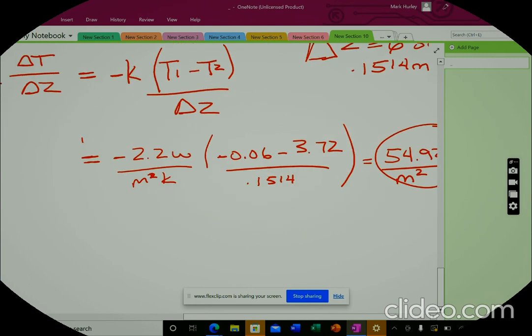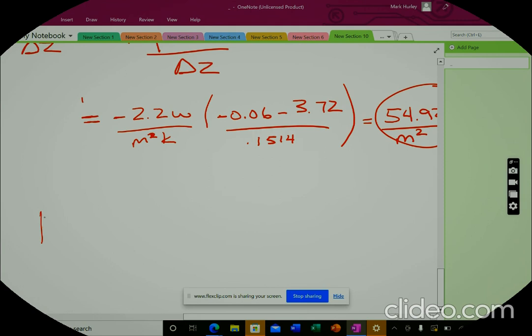Now the prediction. We just calculate negative K times delta P over delta Z times heating load.